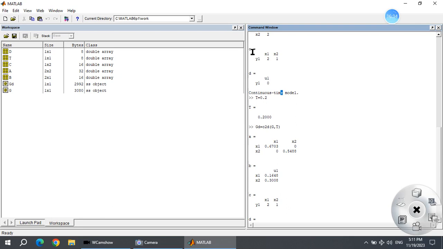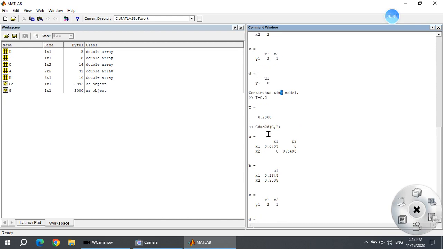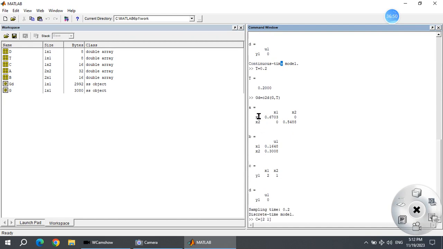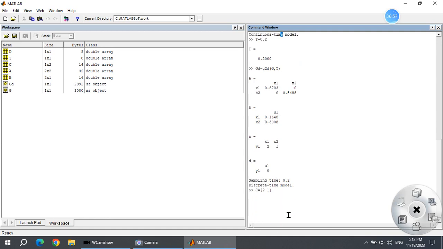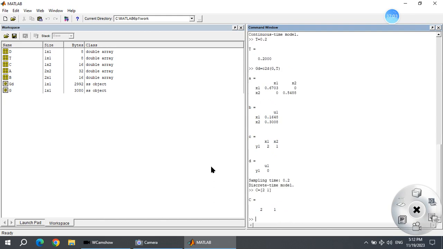The continuous C and D are 2, 1, and 0, and the discrete-time C and D are also 2, 1, and 0. We have the same C and D, and A and B are changing. And what are A and B? They are calculated by the computer, by that function. Now we can also try to calculate by ourselves and see what happens.